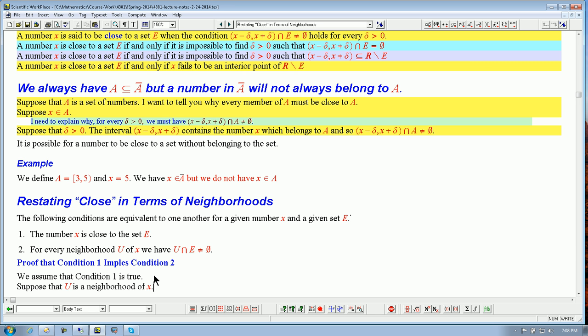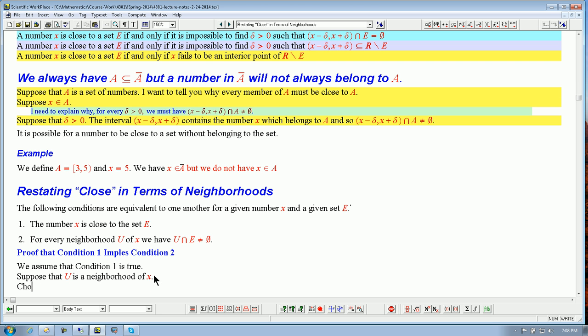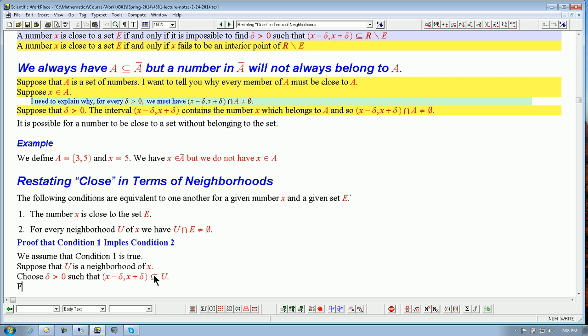You see, just follow the mantra. Choose what? What is it that exists? Some delta, right? Choose delta greater than 0 such that this stick is a subset of U, right?